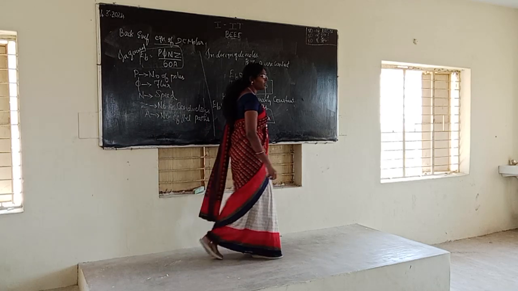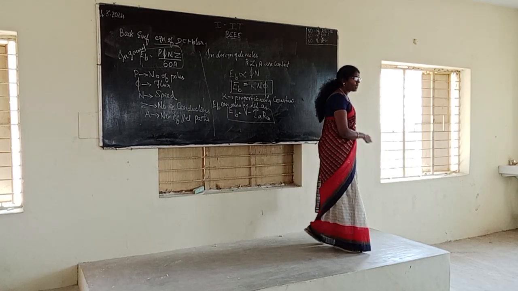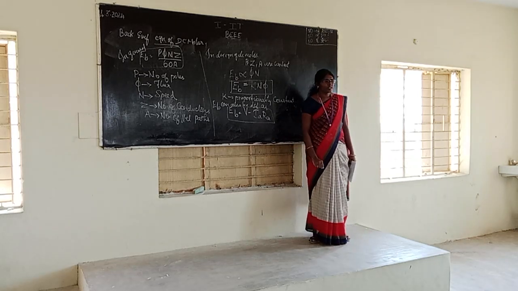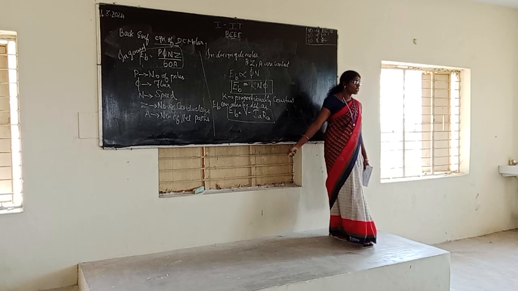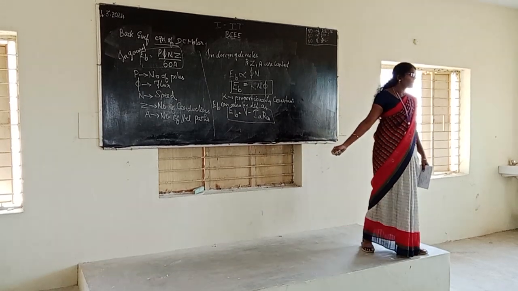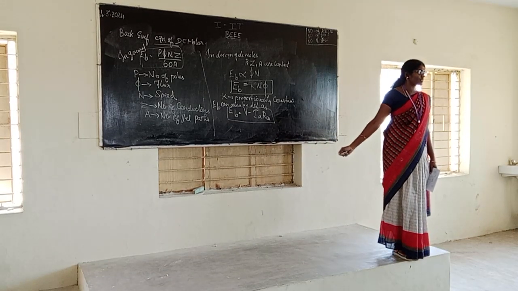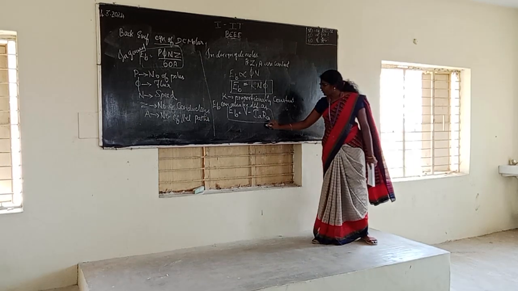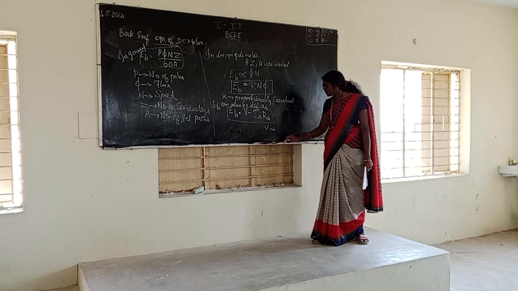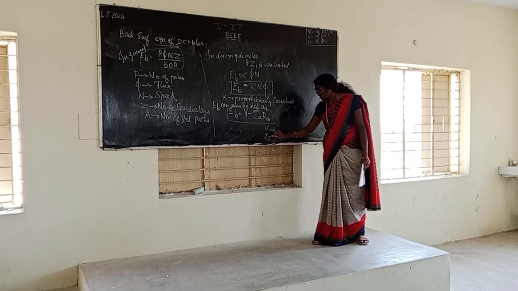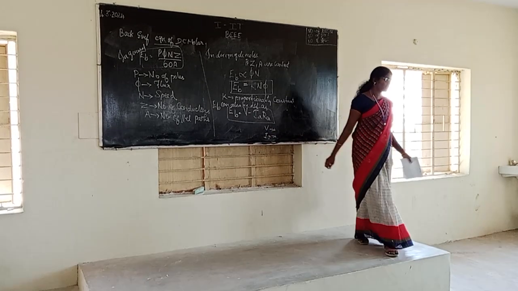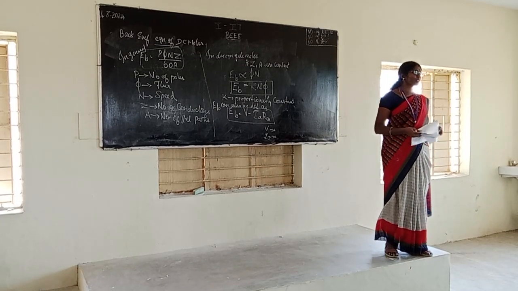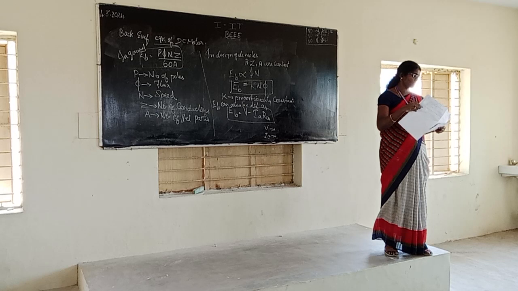V is the supply voltage, I_A is the armature current, and R_A is the armature resistance. You can make a note over here.